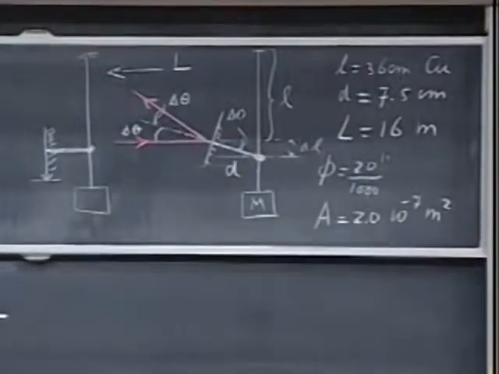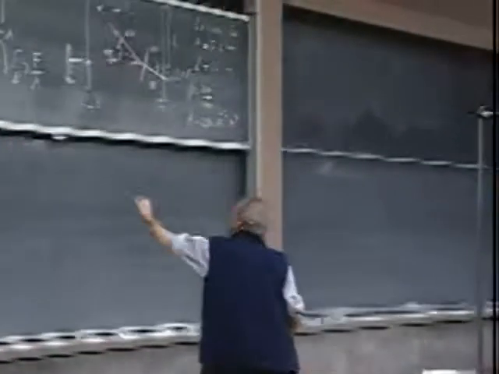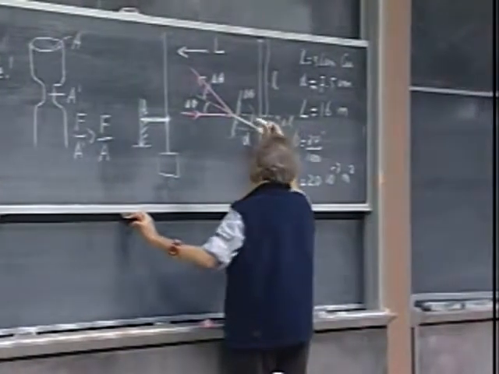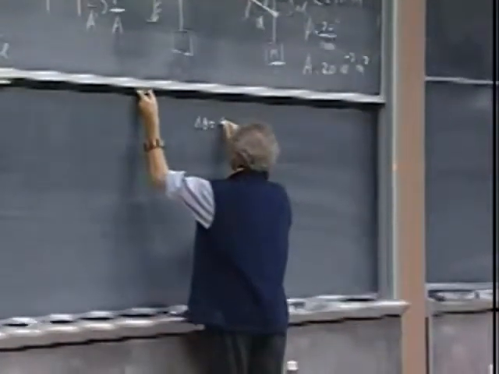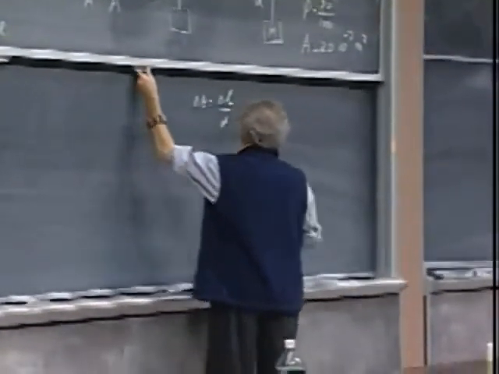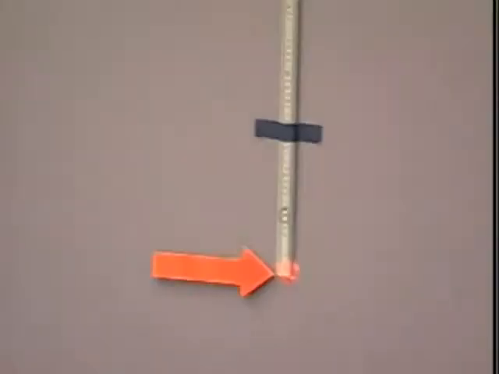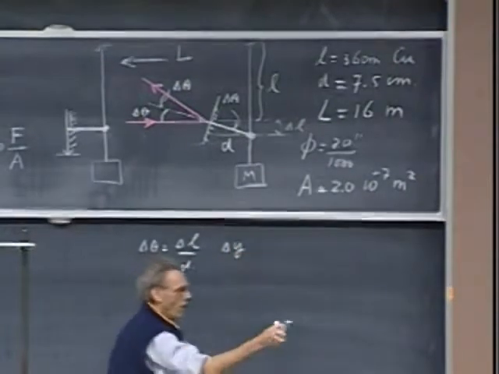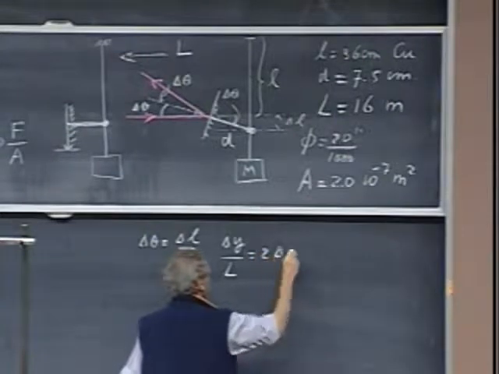All right. Notice that the angle delta theta is delta L divided by D. So delta theta equals delta L divided by D. The light that returns hits the wall at a distance capital L. So the displacement at the wall, delta y, divided by L, will be 2 delta theta.